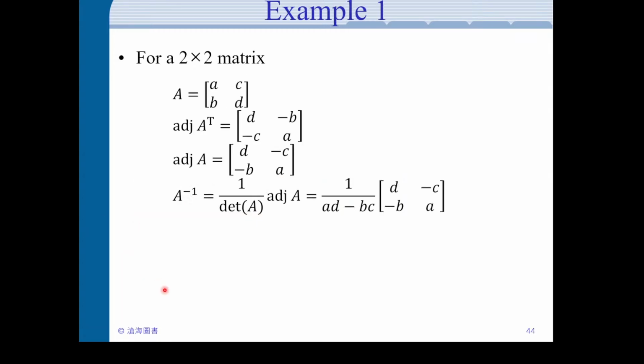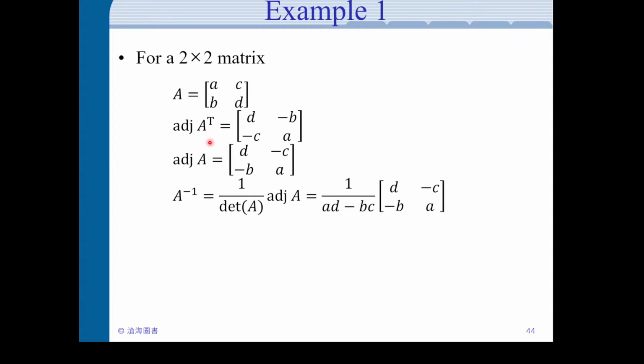Okay, and let's see this work out in an example. So you have A equal to the matrix [A B; C D], then you calculate this cofactor matrix. Drawing A transpose, the cofactor of this element here is just D, and the cofactor of this C here is a minus sign times B, and the cofactor of this B here is C times the minus sign, and the cofactor of D here is just A. So we have D, minus B, minus C, and A here.